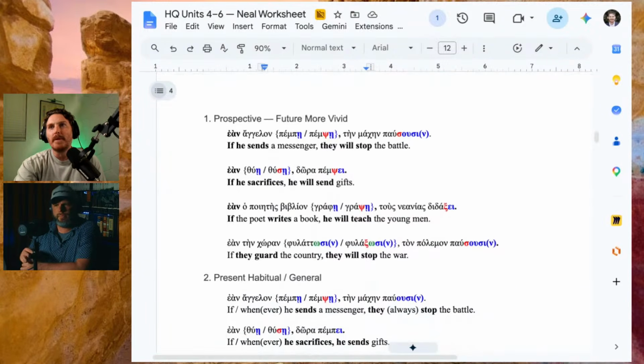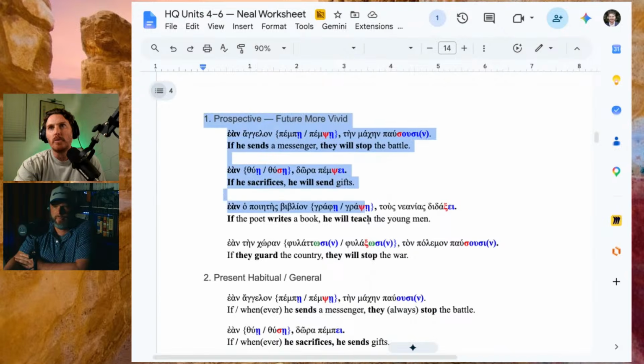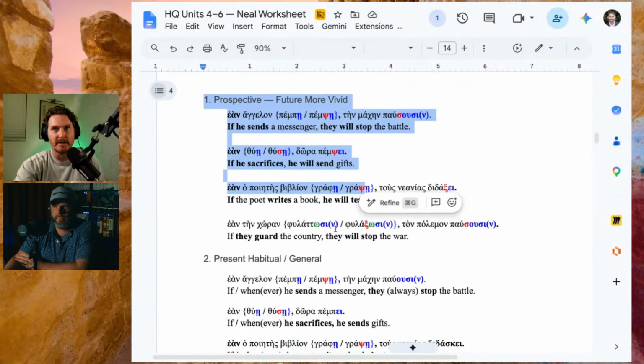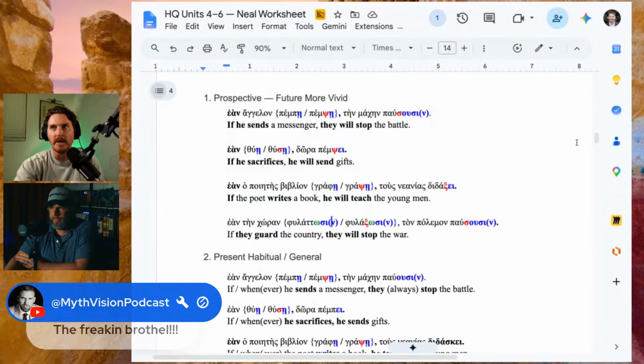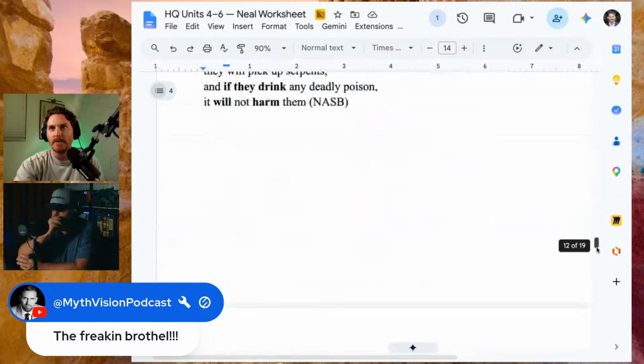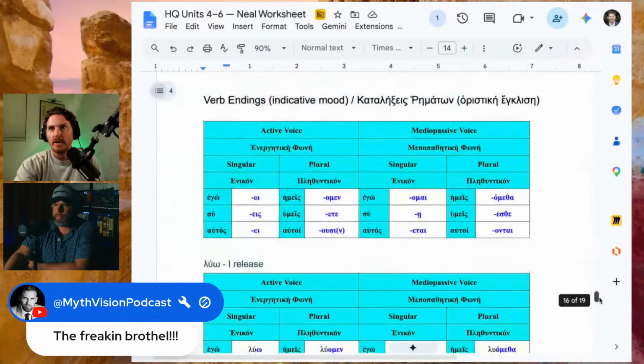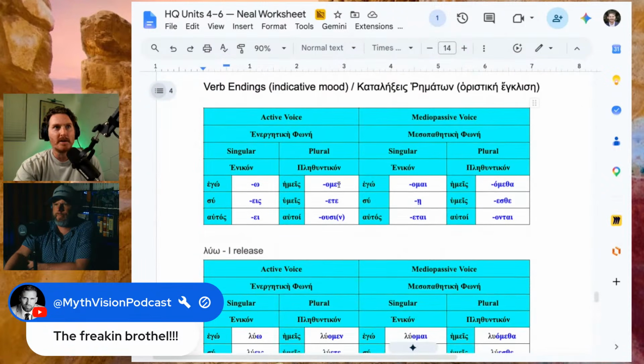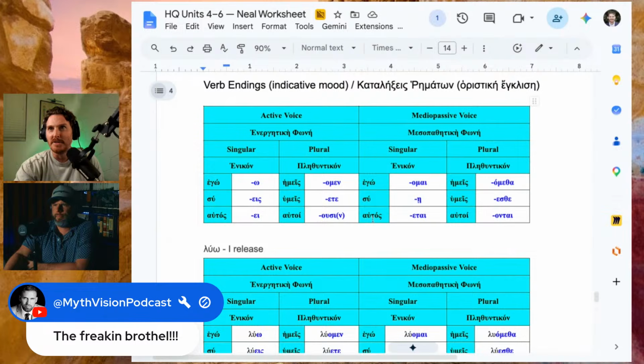Now, before I get into the example sentences, and then we'll get into you doing the exercises, I want to jump over to these charts. This is what Neil and I usually use to break out endings. You can see in the indicative mood, the endings are o, eis, ei, omen, ete, ousi, with a movable nu.